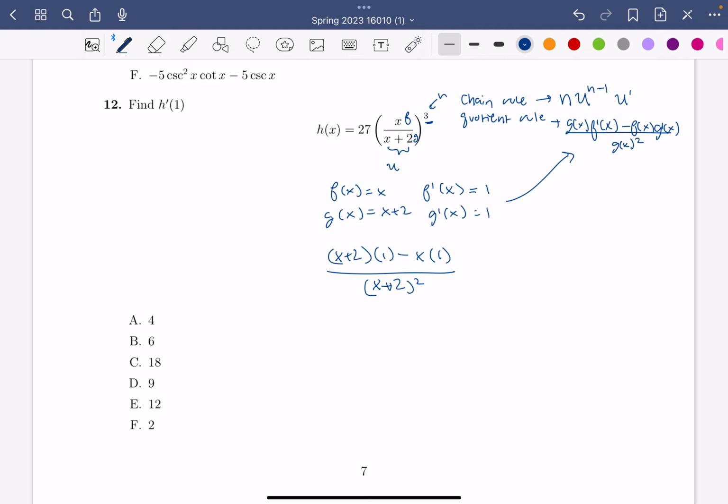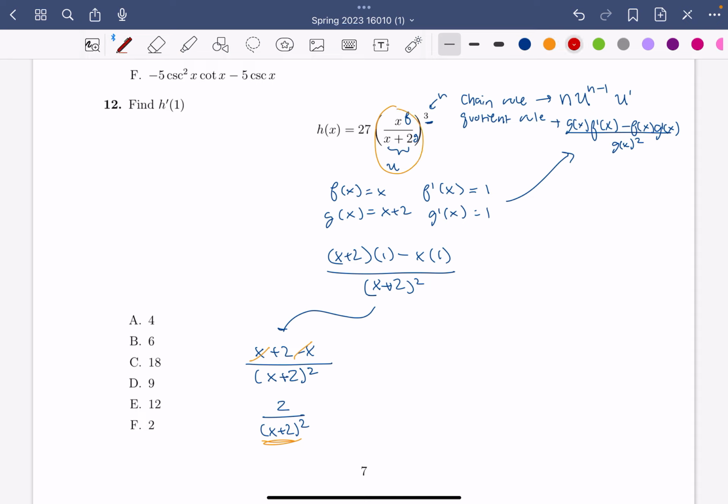Now, if we simplify by distributing the top, we can find that this is x plus 2 minus x over x plus 2 squared. Now again, in the numerator, we can cancel out the x's, and we are left with 2 over x plus 2 squared.